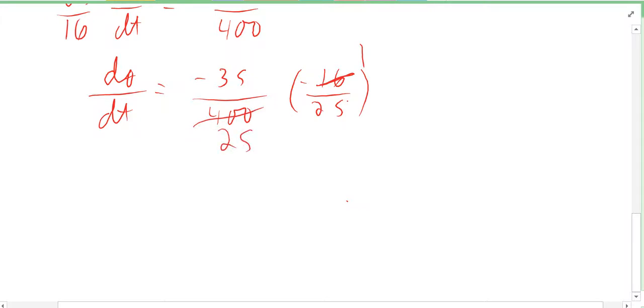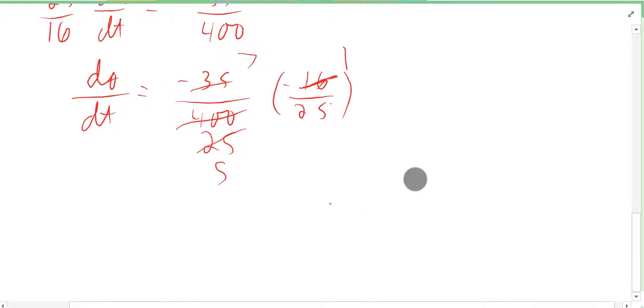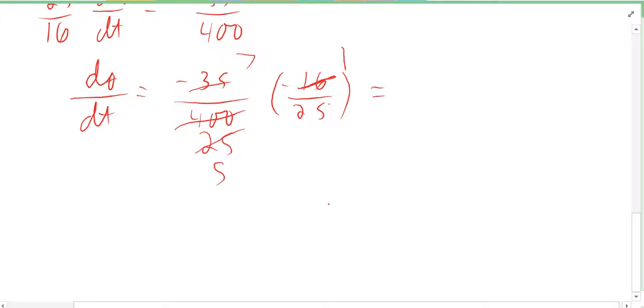Then we can also cancel a 5, so we really have negative 7 times negative 1 over 5 times 25.